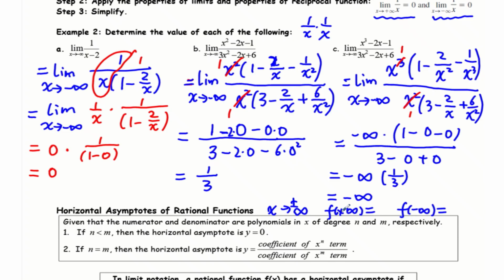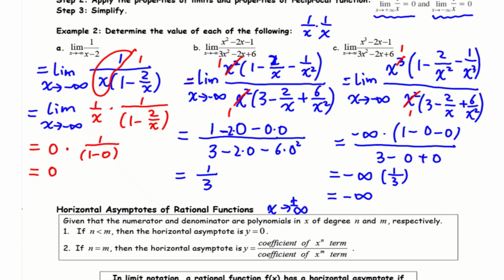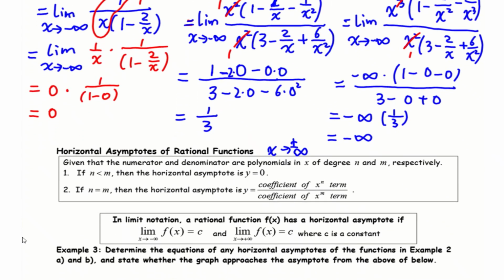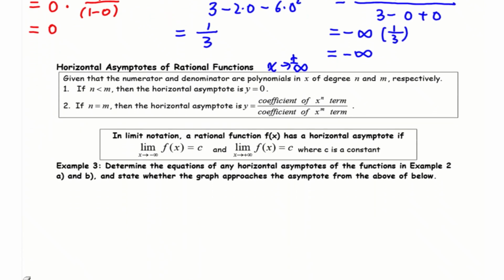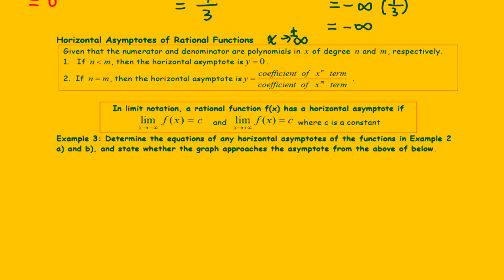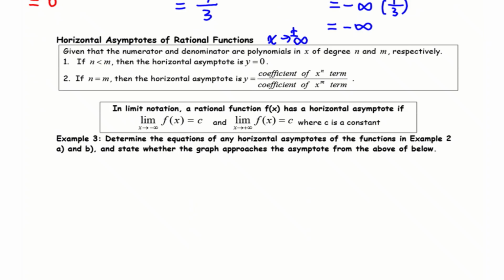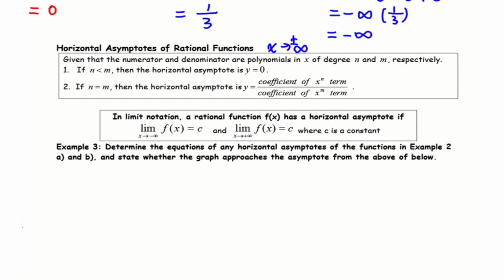So f at positive infinity and negative infinity, but when we substitute, we use limits to find the value of the function. It will never ever touch it, but it will get closer and closer to that value. We call that an asymptote.